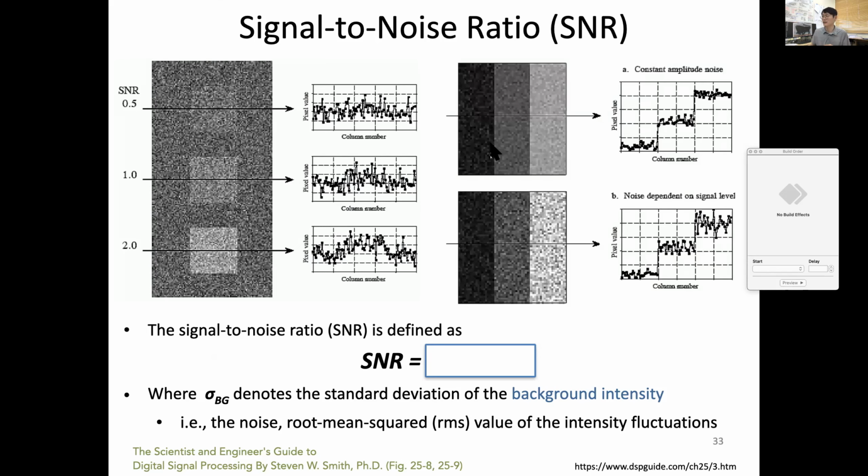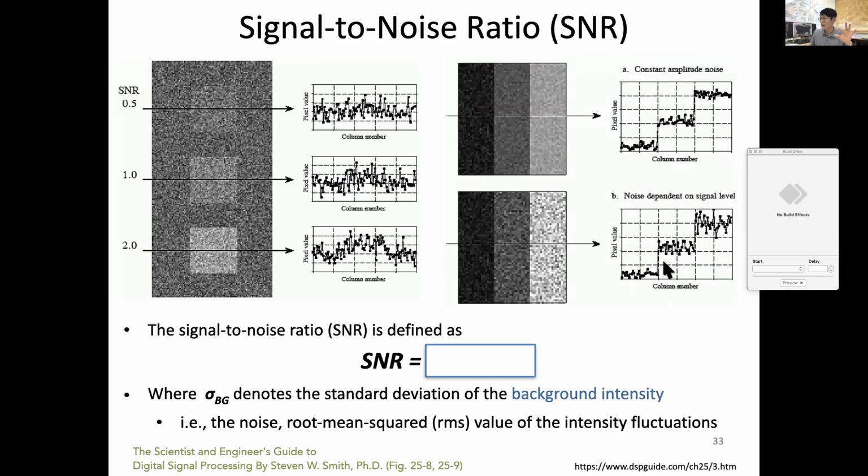And in fact, this is a little advanced, but I want to show 2 examples of the noise. If you look at this profile, there's a signal level, but it also involves noise. And this one involves noise. But these 2 show 2 different categories of noise. In this one, even when the signal level is high, the standard deviation of the noise remains the same.